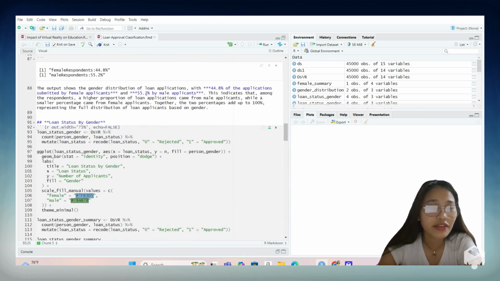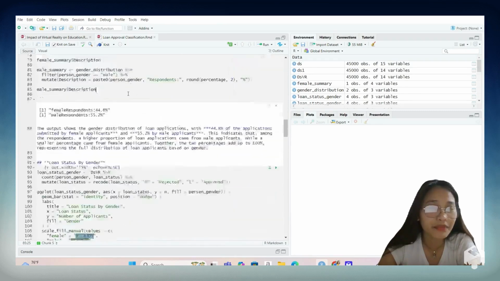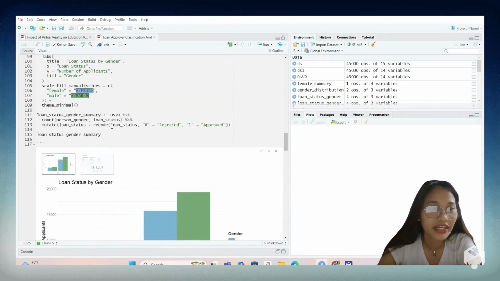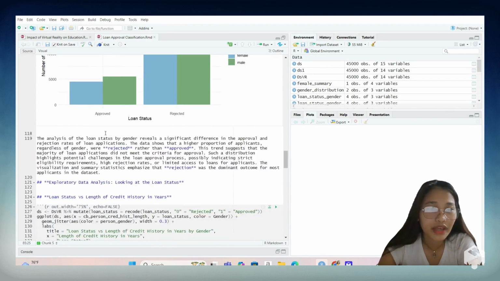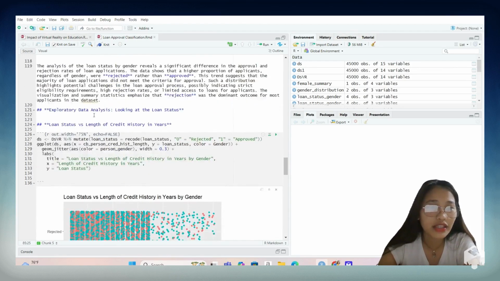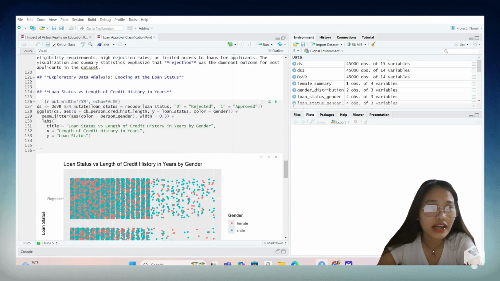Next we have the loan status by gender. Here we can see we've used the Geom bar, and also here is the explanation of that. And next is the exploratory data analysis. I've used the Geom Jitter here.